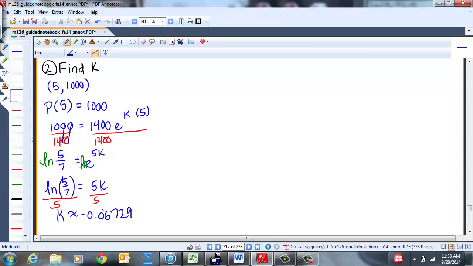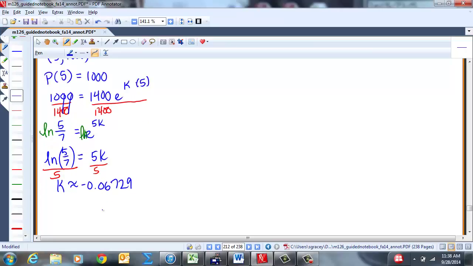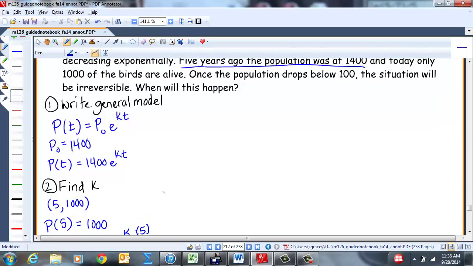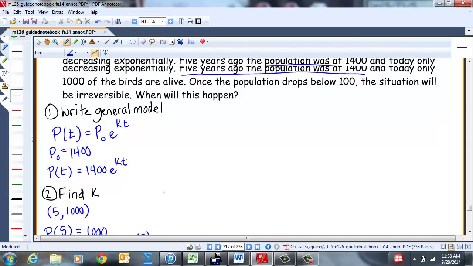Good. Okay, so now what model does that give us? We'll rewrite it at the top. So we'll have P of t is equal to 1,400 times e to the negative 0.06729 times t. Now we can find out when 100 birds will be left.